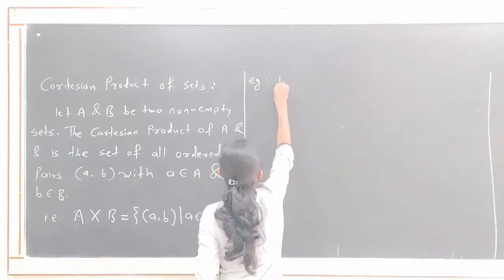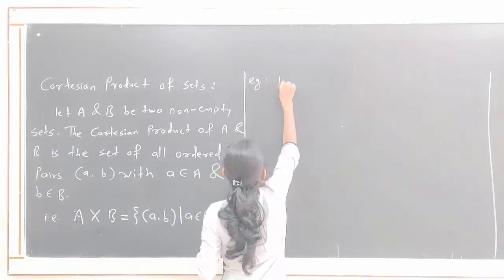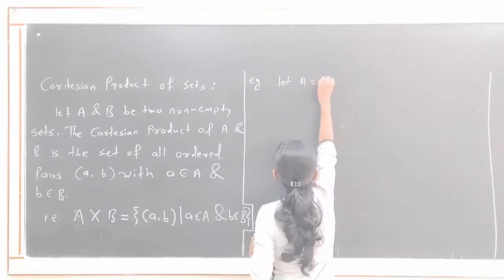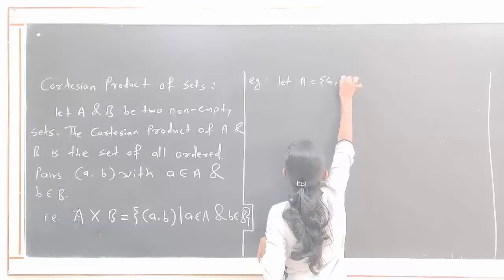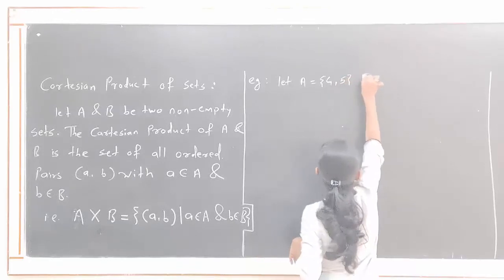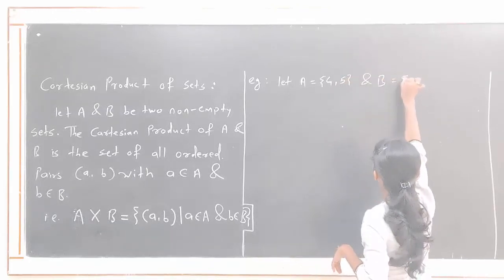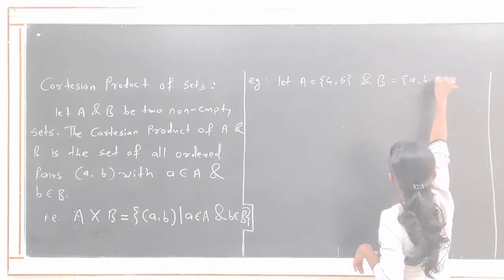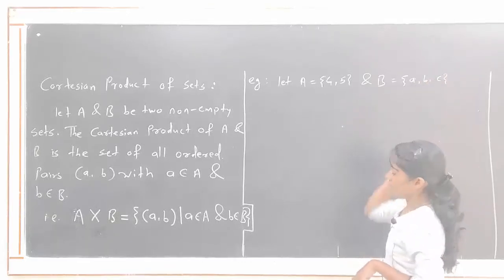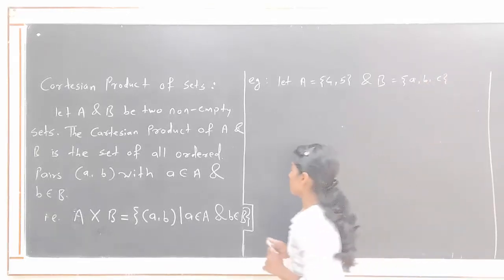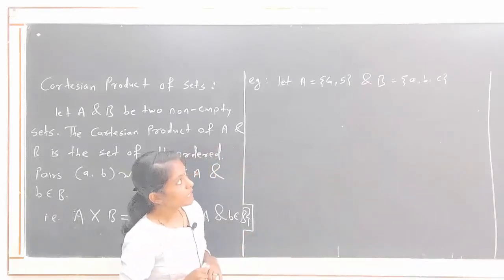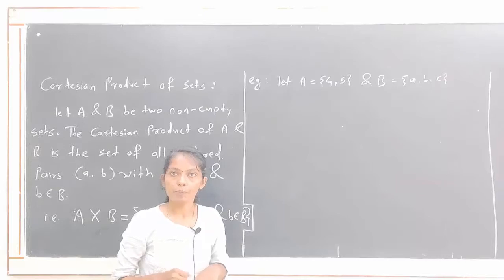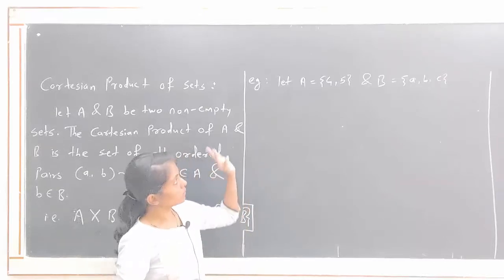So first example, let set A be equal to {4, 5} and set B be {a, b, c}. Two sets are given.